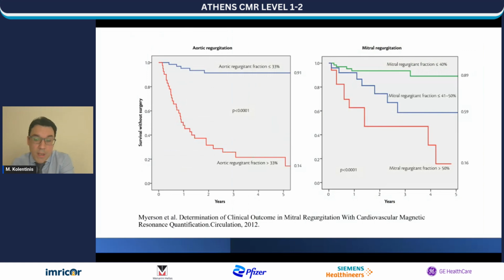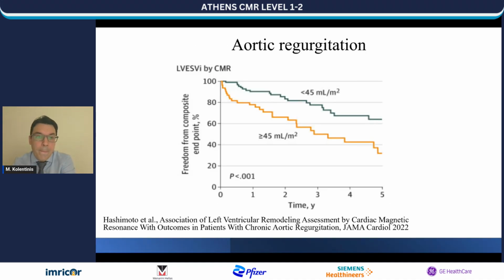As far as I'm concerned, I think this chart is maybe the most relevant. This is why I personally use a regurgitant fraction of over 33% for the aortic valve, and over 40% for the mitral valve to be considered severe.